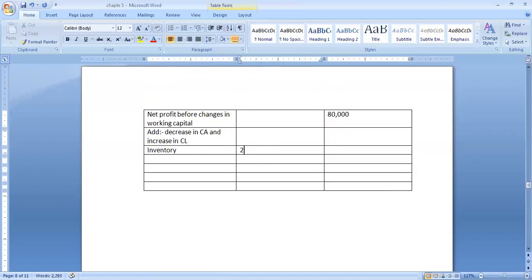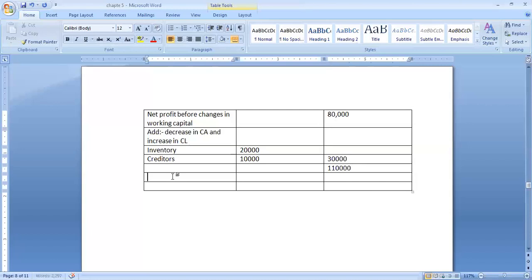So what is the value of decrease? It is 20,000. And there is also creditors, which is increased. So what is the value of increase? 10,000. So 20 plus 10 will be 30,000. So add back 80 and 30 will give you 1,10,000.